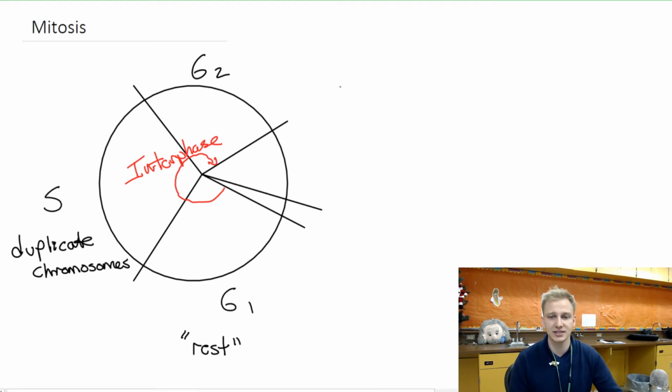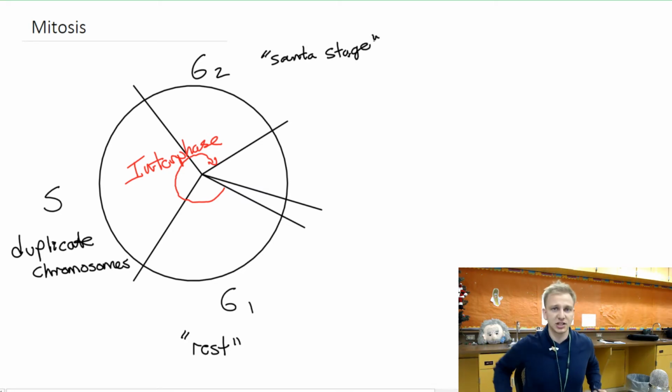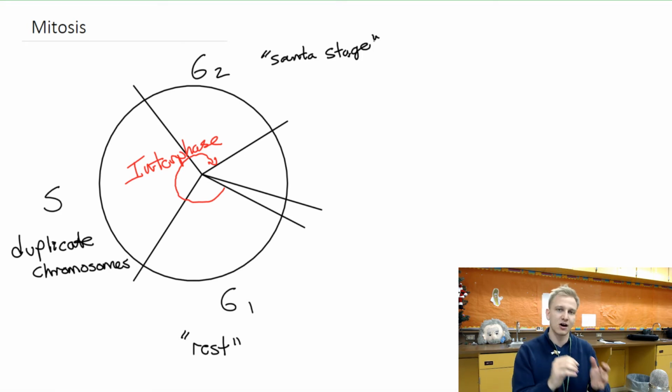Once we get past the S stage, we get to the G2 stage, and I often call this the Santa stage, because in the G2 stage, the cell is going to check all of the chromosomes and say, hey, have I duplicated the information properly? Have I actually copied everything exactly as it needs to be? And it'll get rid of the genetic information that was wrongly copied, and it'll keep all of the good stuff and put a check mark beside it and say, yes, this one's good to advance.